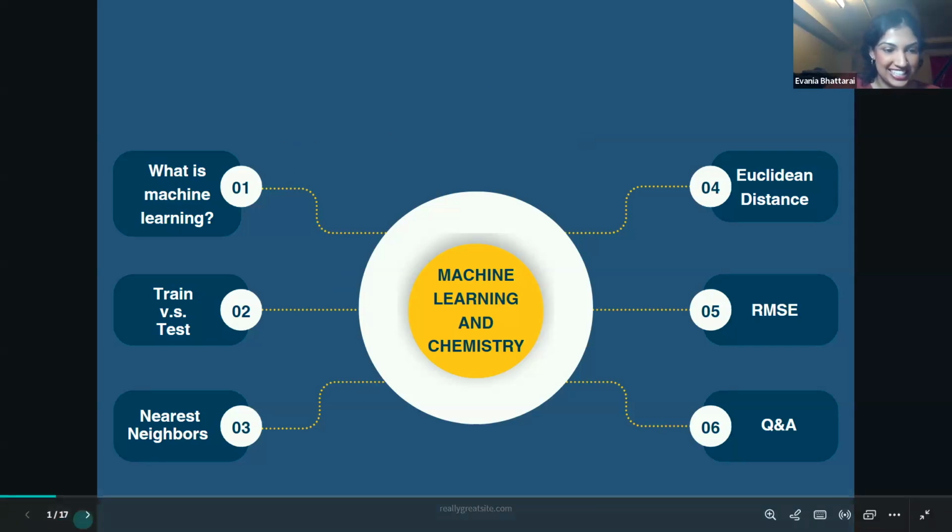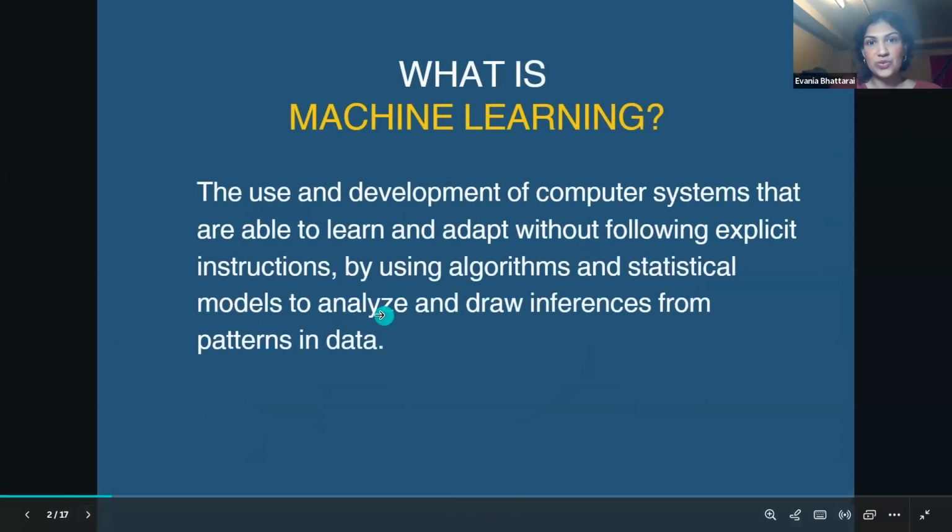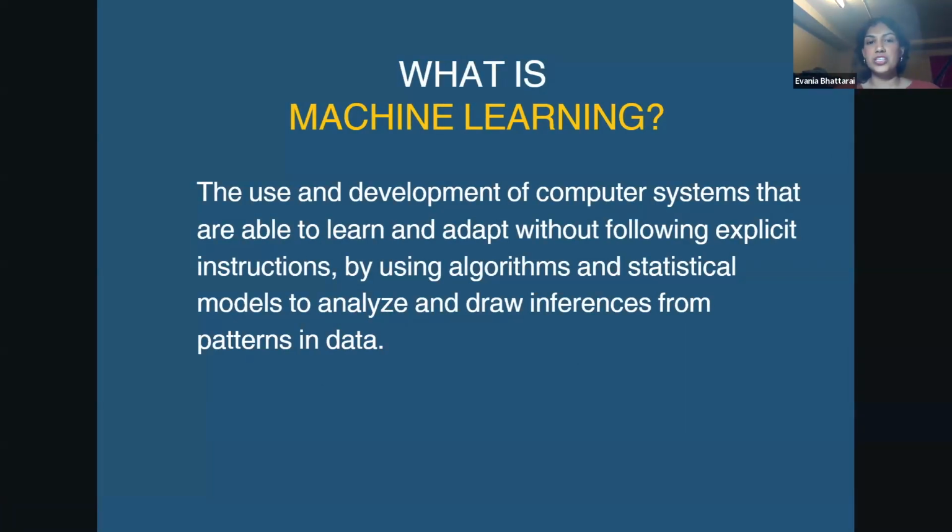Let's get started. So the first question for the slides is, what is machine learning? Machine learning is basically the use and development of computer systems that are able to learn and adapt without following explicit instructions.